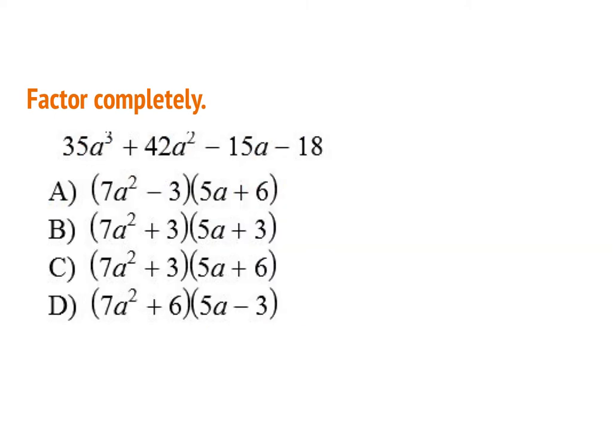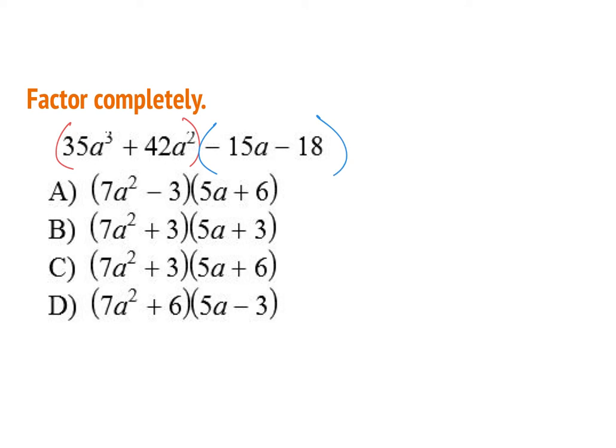So now you try. Factor this polynomial completely. So your first goal is to group the first two terms, group the last two terms. And then I'm going to factor using a GCF.